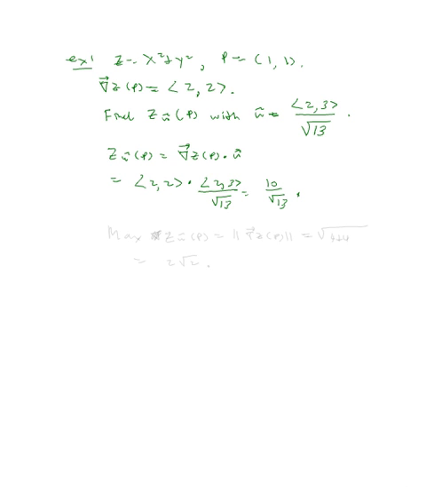Now let's find the maximum value of the directional derivative at p. Well, we know from what we just did a little earlier that the maximum value of z sub u hat at p is the magnitude of del z at p.